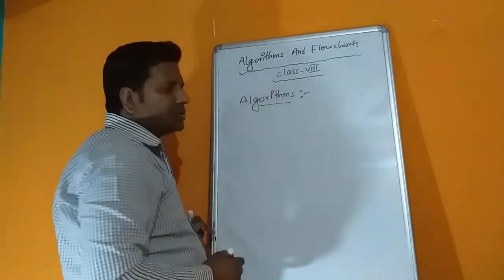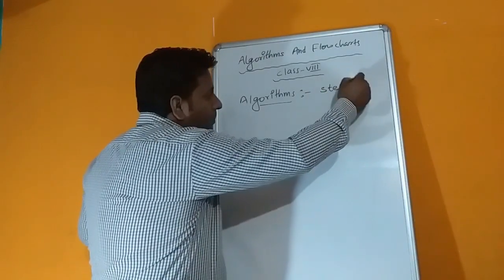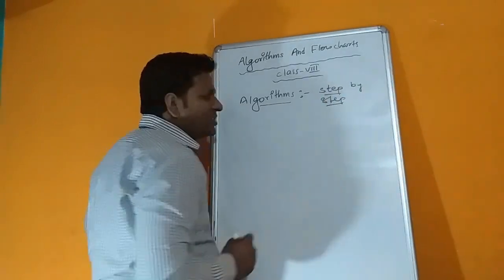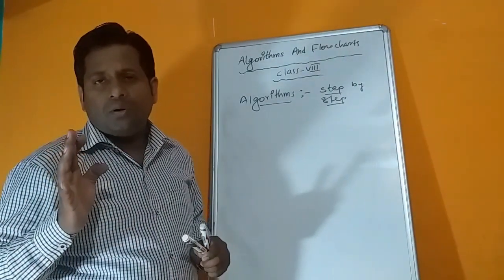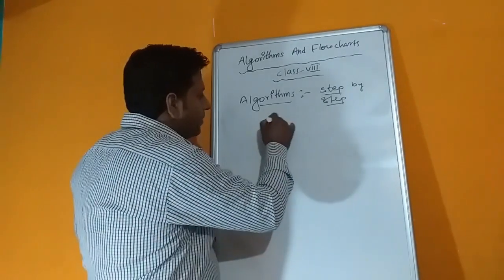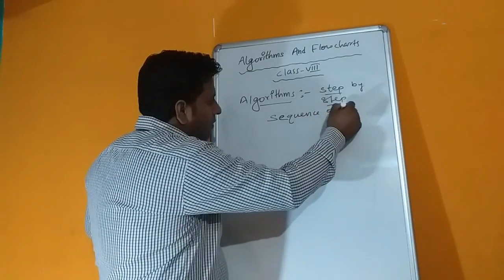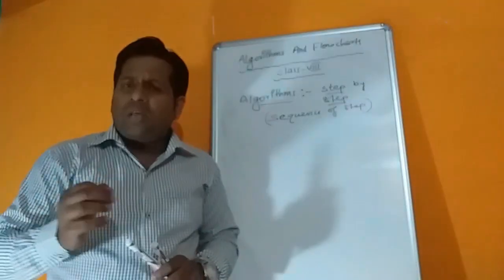So what is an algorithm? It is step by step. See, step by step. That means a sequence of steps. Okay, let us take one example.